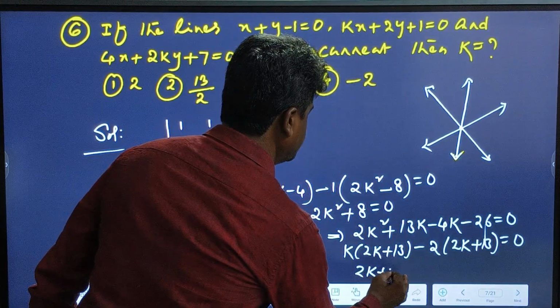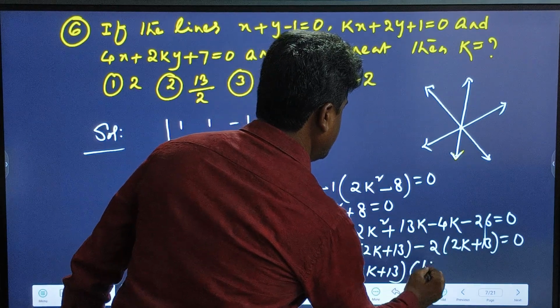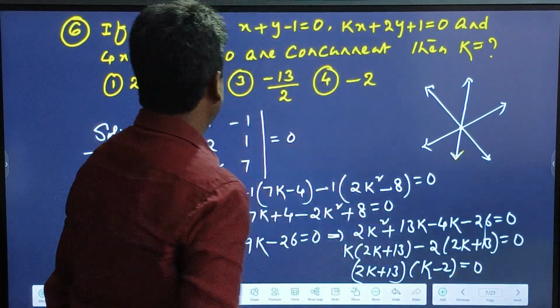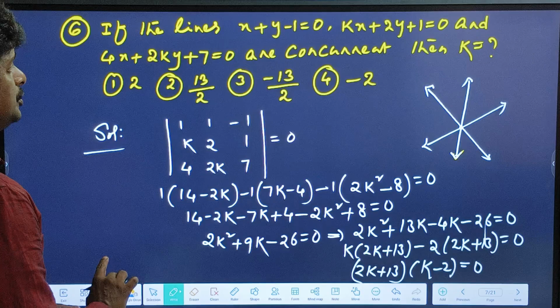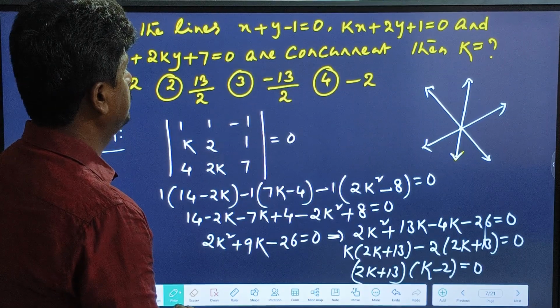So 2k plus 13 into k minus 2 equals 0. k equals either 2 or minus 13 by 2.